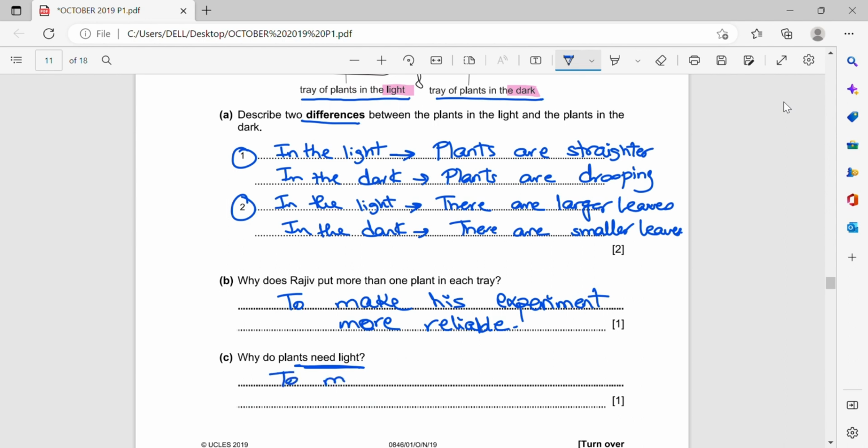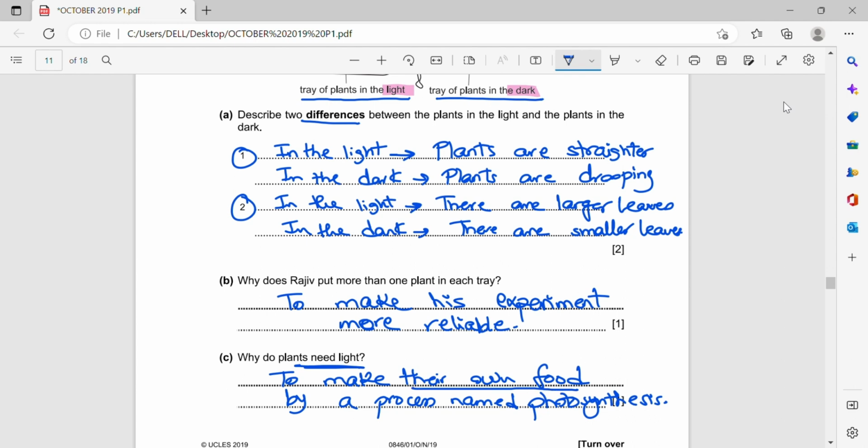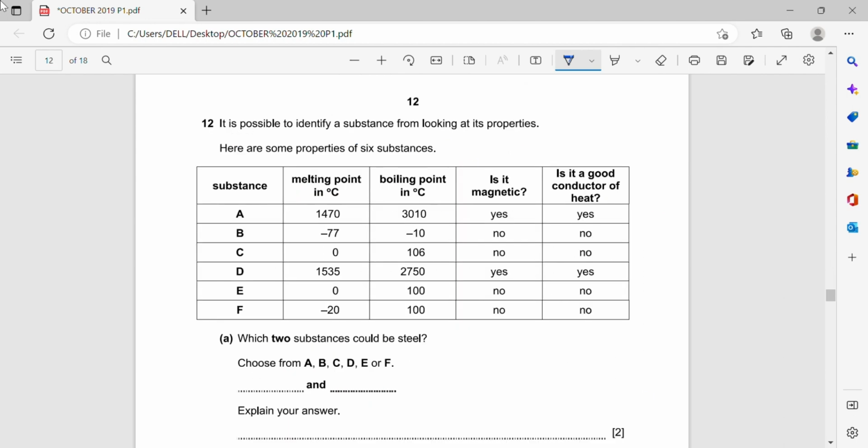To make their own food by a process named photosynthesis. Or in other words, why do they need their own food? To grow.